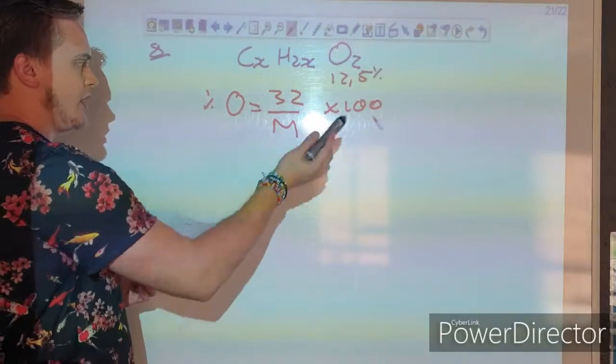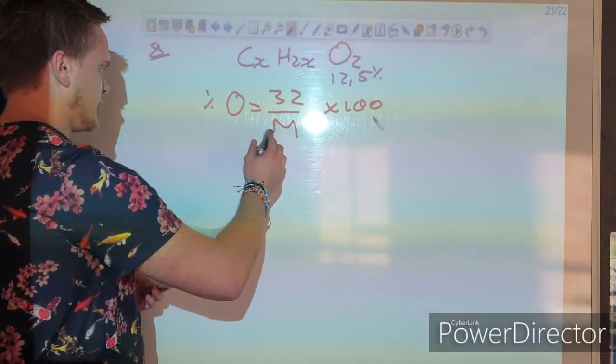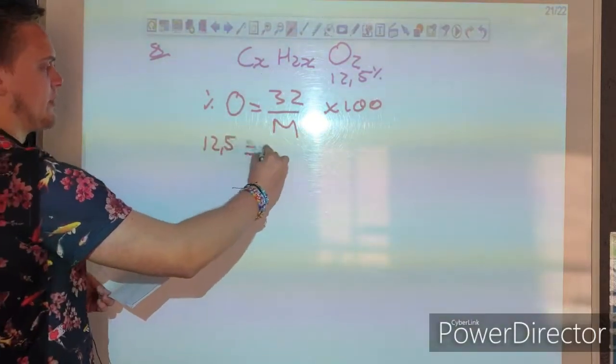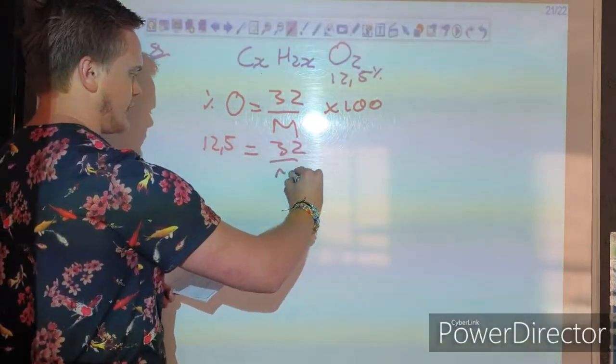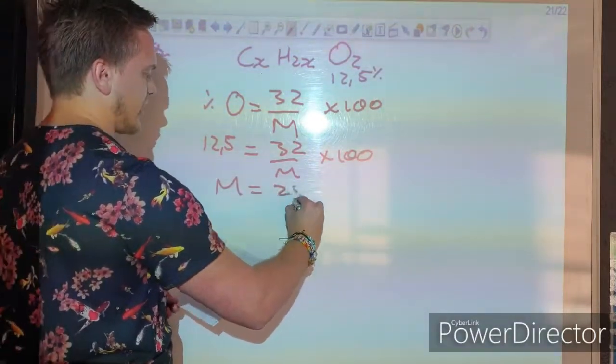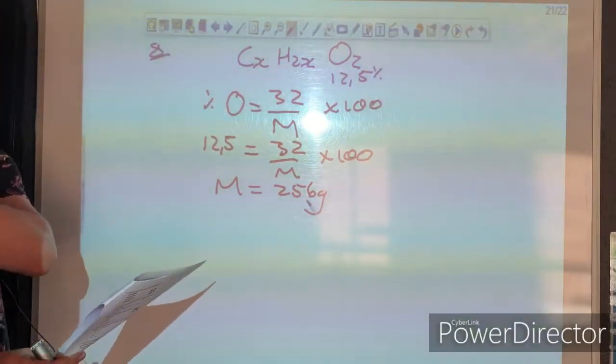Okay? So we have the percentage oxygen to be 12.5, 32 over m times 100, and then we get m to be 256 grams. Okay, that is the easy math on that.